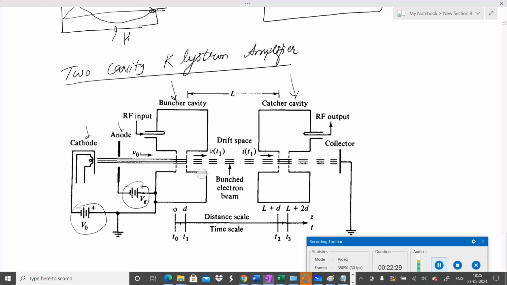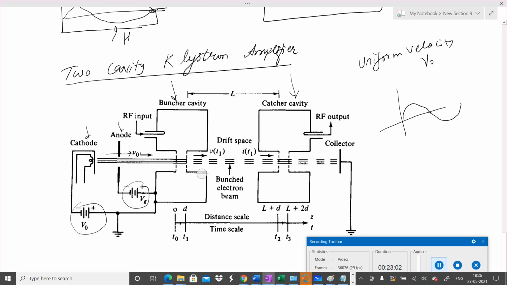When electrons leave the cathode, they travel at a uniform velocity V0. Now when they reach the buncher cavity, the gap voltage, the potential here because of the resonant cavity, will have a positive half cycle, then 0 and negative half cycle.